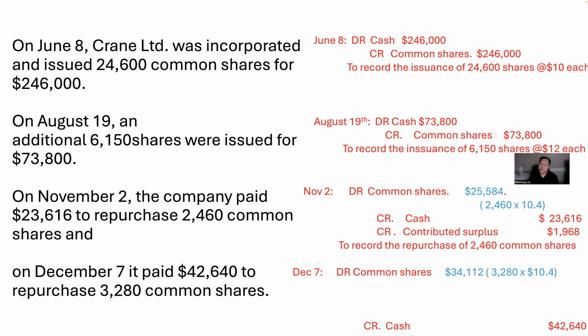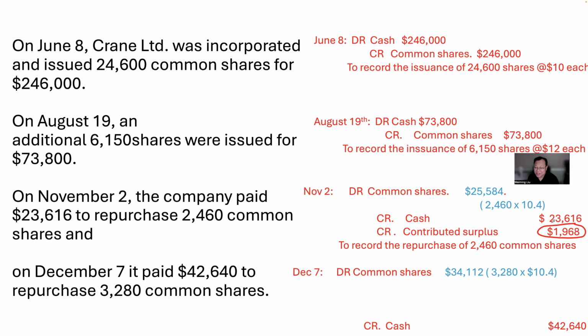Okay, so where is this debit coming from? Well, first, we know that on November 2nd, we already have some contributed surplus, right? So we already have some contributed surplus here, 1,968.